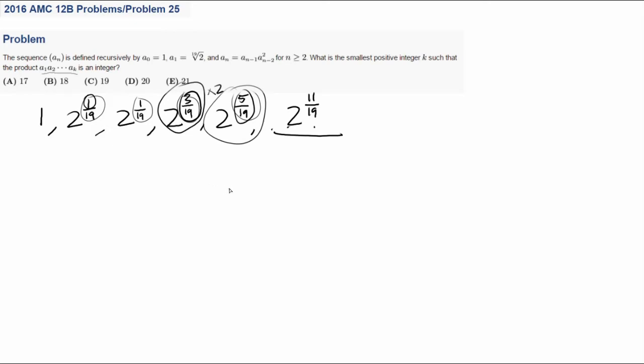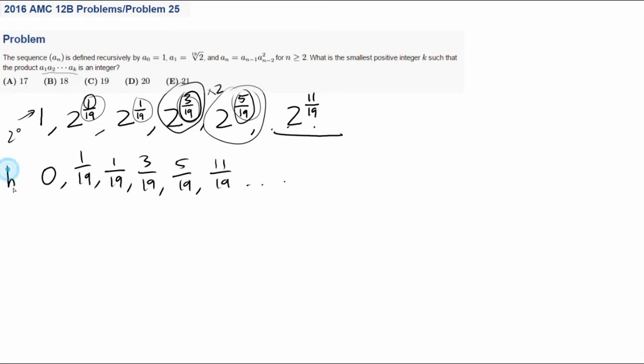And we want the exponent to be an integer, right? So why don't we actually just make a sequence of exponents? That seems a lot easier. Remember, the first term is 2 to the 0. So it's 0, 1 over 19, 1 over 19, 3 over 19, 5 over 19, 11 over 19, and so on.